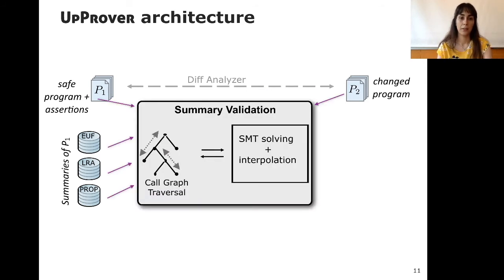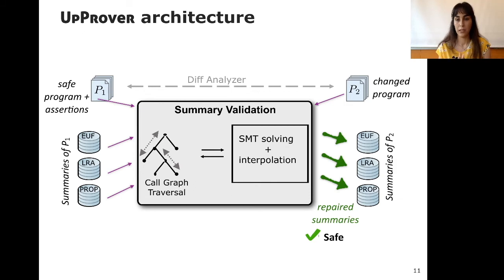And then the summary validation module traverses the functions from the bottom of the call tree towards the root of the call tree. Each time it communicates with SMT solving, and when a summary has been validated, a new summary ideally will be generated if there are some invalidated summaries in the subtree.